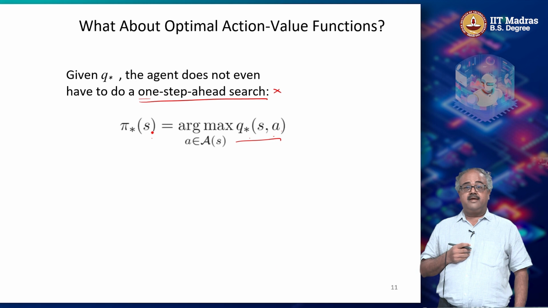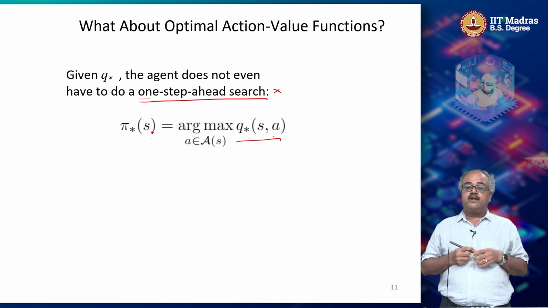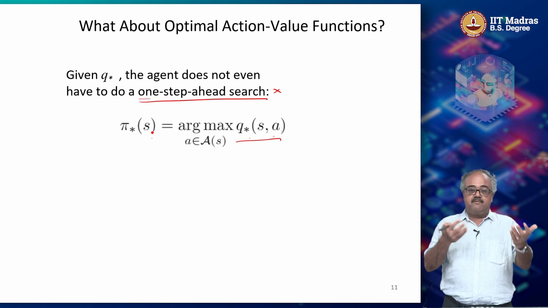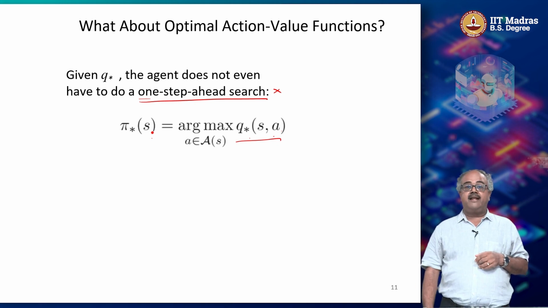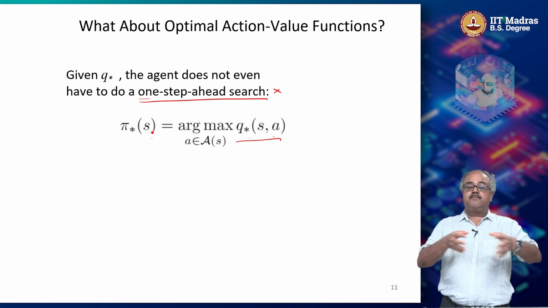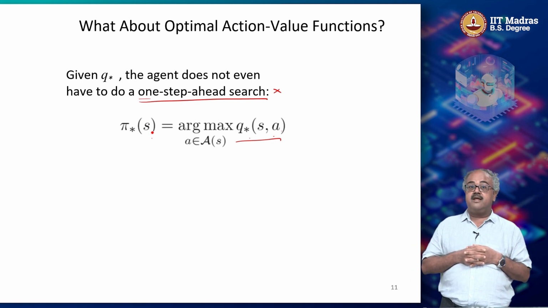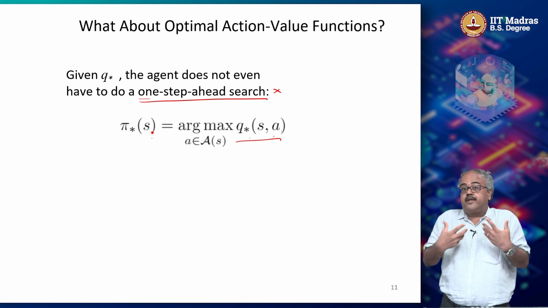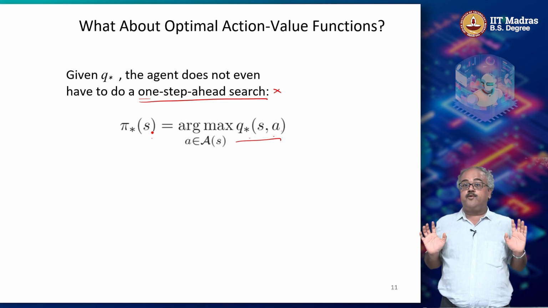So, it's even better than the state value function. With the state value function, I have to do a one step look ahead. I need to know all the states I'm going to land in and look at the values of those states, and if the outcomes are stochastic, I have to look at all the possible states I could land in, take the expectation and all that. But if I'm learning the Q values directly, I do some of this computation while I learn the Q value itself.